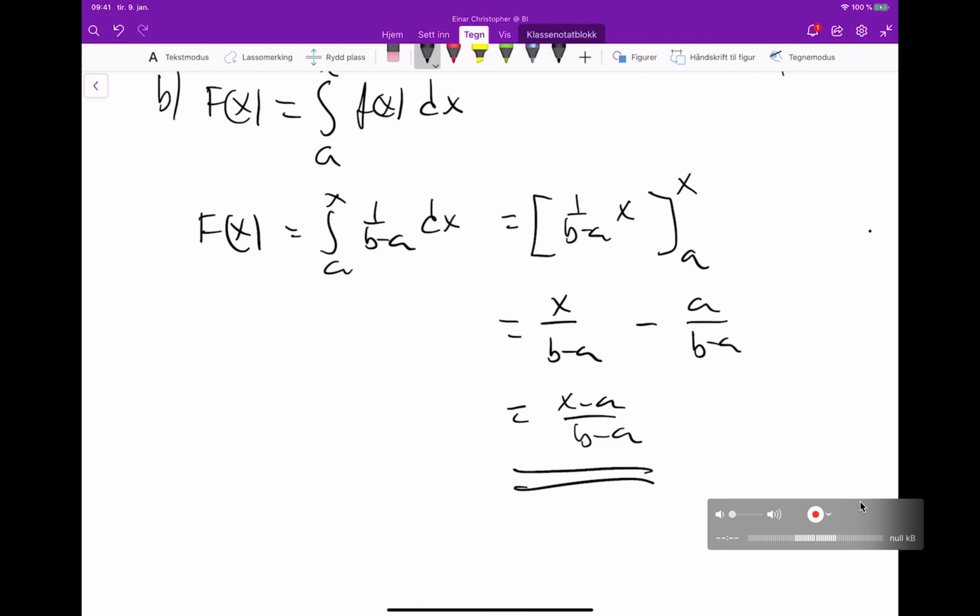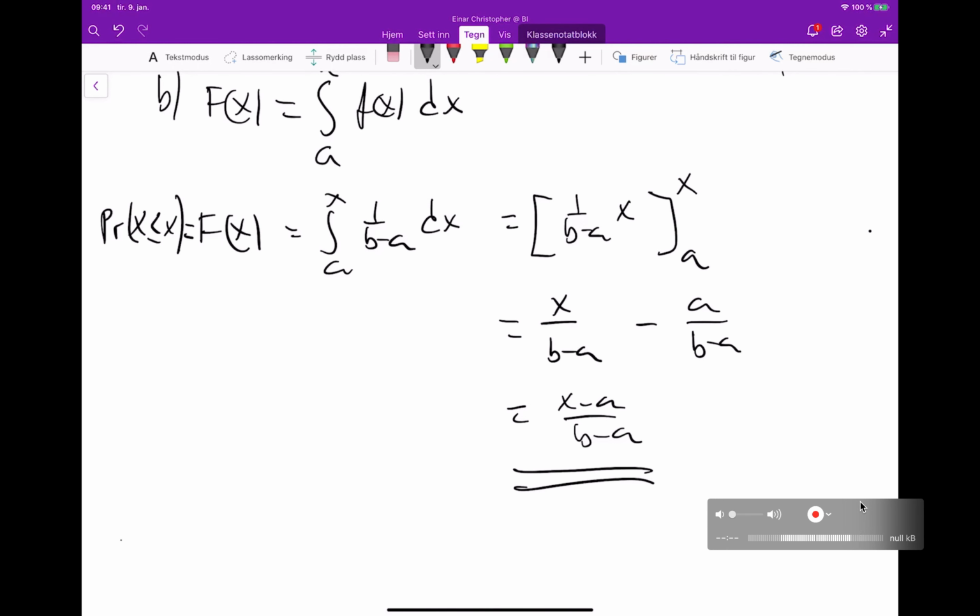So in C, use the expression from B to compute the probability of the event x greater than a plus b divided on 2. So, okay, the CDF is actually just the same as the probability of x less than or equal x.